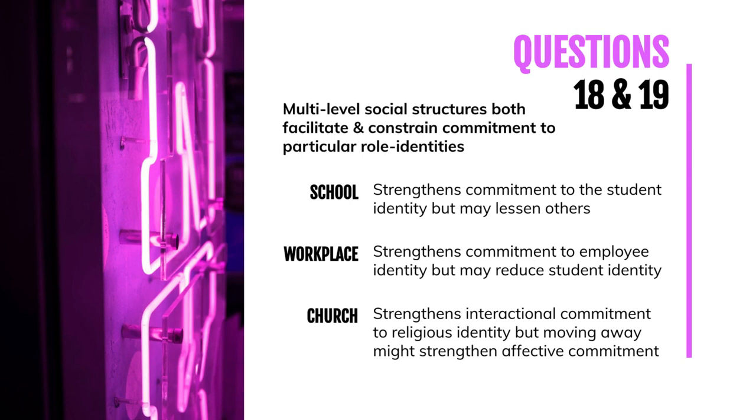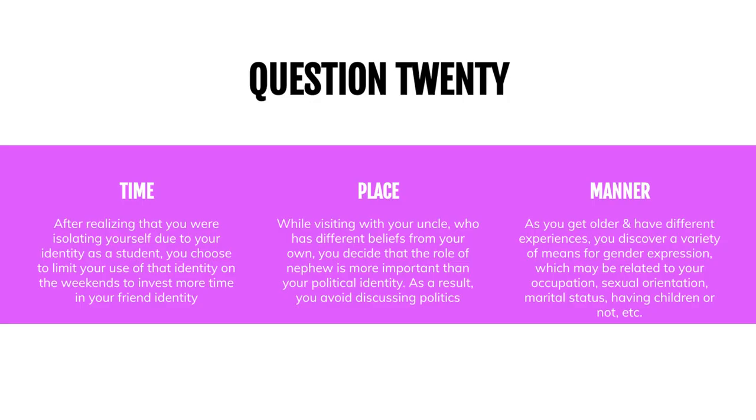But once you move away and you're not attending church on a regular basis, if at all, it might, of course, lessen that interactional commitment because most of your commitments aren't occurring on that basis and in association with that identity. But it might end up strengthening your effective commitment to that because some of the people that you really value in your life were associated with that institution. And so once you've moved away, you are unable to operate in that institution and therefore kind of lose a lot of those ties related to that identity.